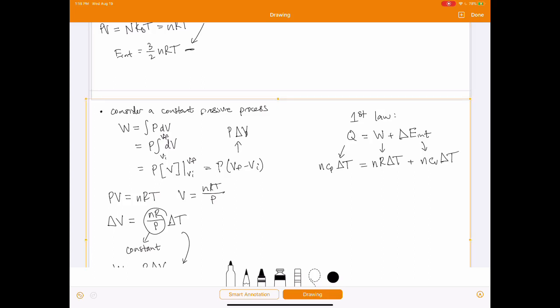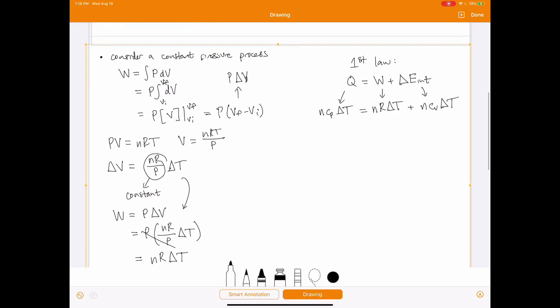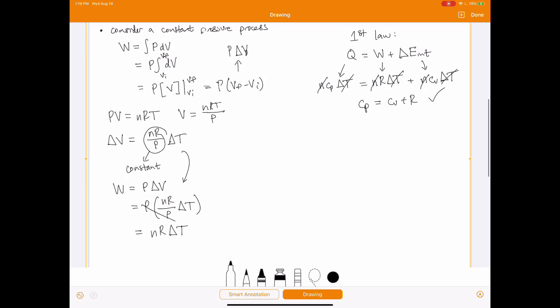Okay, so notice that n can be canceled out, as can the delta T. And we're left with a very simple expression: C_P is equal to C_V plus R. That's the third result that we wanted to derive. So now, let's say we have a monatomic gas.